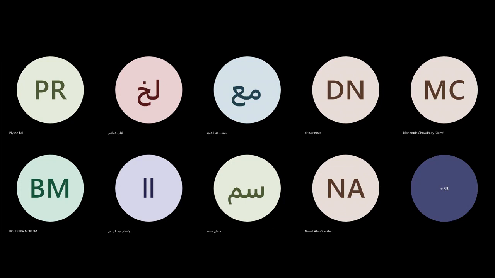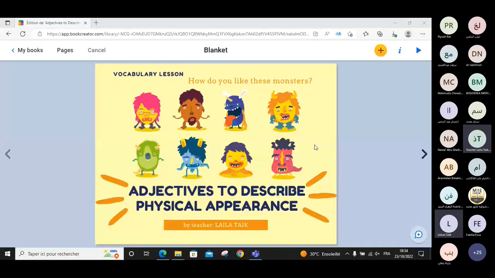Okay, is it clear now? Am I sharing the screen? Okay, so this is my book about a vocabulary lesson. How do you like these monsters? I designed this lesson in order to teach my students the adjectives to describe physical appearances. Here I put some pictures of different appearances. I wrote the title with different colors.